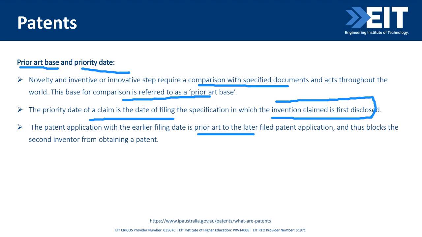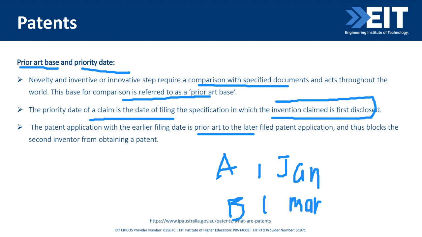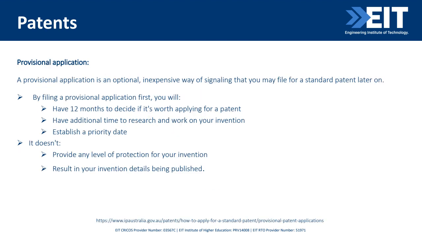Let's say applicant A has filed a patent application on 1st January, and a similar application has been filed by applicant B on 1st of March. For applicant B, application A will become prior art, which means something similar has already been applied for, and applicant A has greater chances of being granted that patent. That's why priority date is really important.